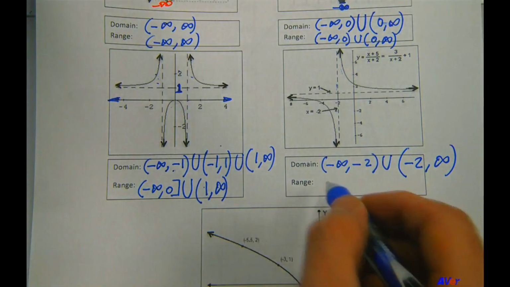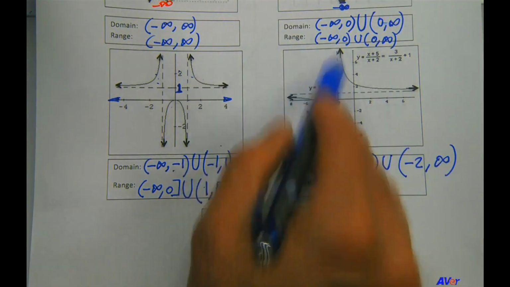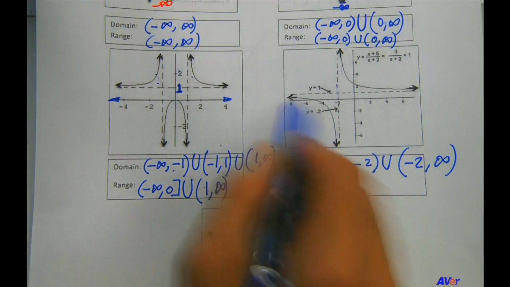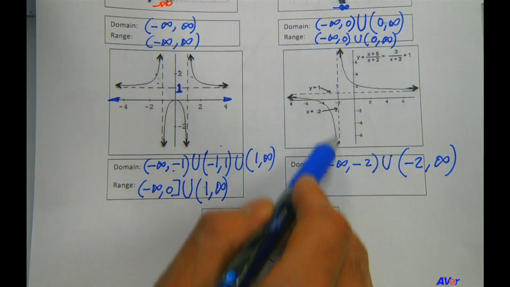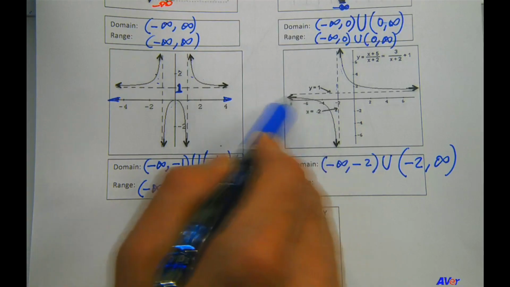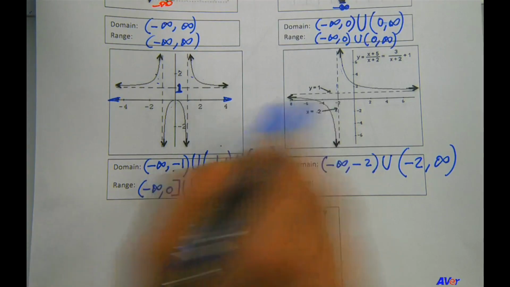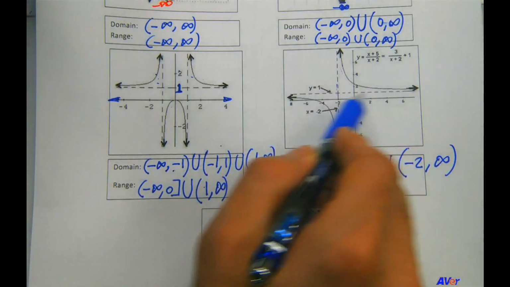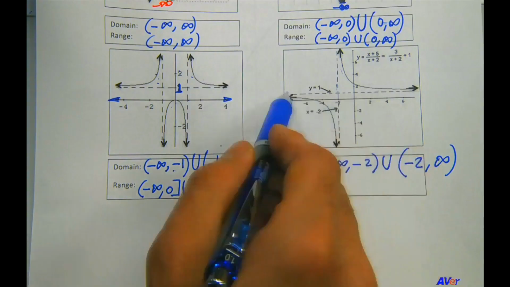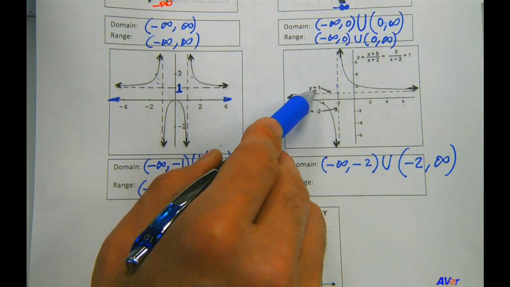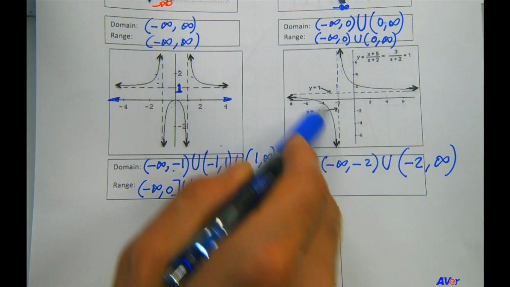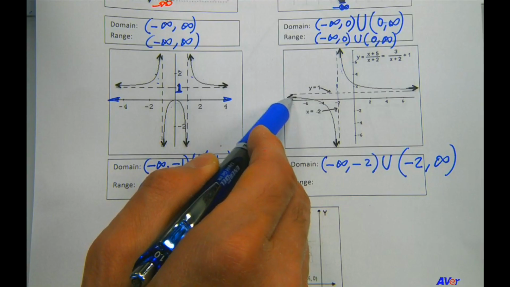What about the range? Well, we look at the behavior of these two pieces with respect to the y-axis. Let's take a look at this one. This one comes up from -infinity with respect to the y-axis and reaches all the way to some y value defined by this dashed horizontal line. That dashed horizontal line has equation y equals 1. So this line is coming up from -infinity and reaches to, but does not cross this.